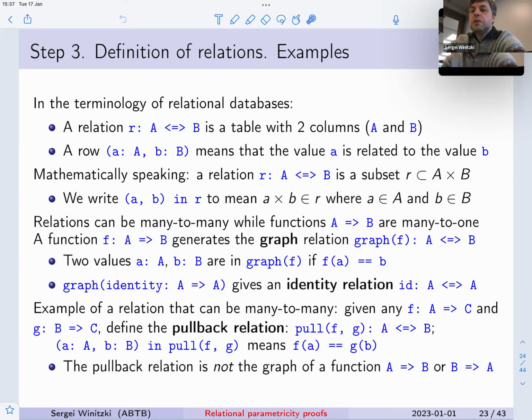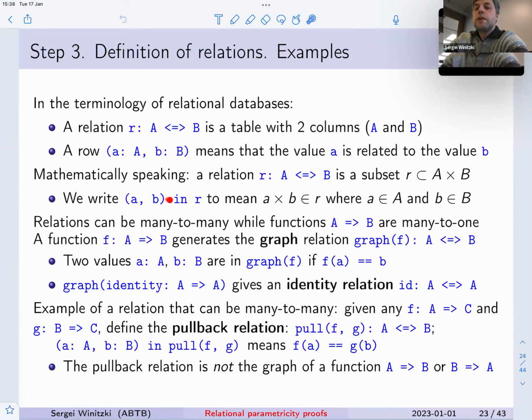So mathematically speaking, a relation is a subset of the product of the two sets. It gives you just the pairs that are related and not any other pairs. So this set contains all possible pairs of A and B, and this contains only the pairs that are in the relation. We can arbitrarily choose certain pairs, and this choice defines the relation.